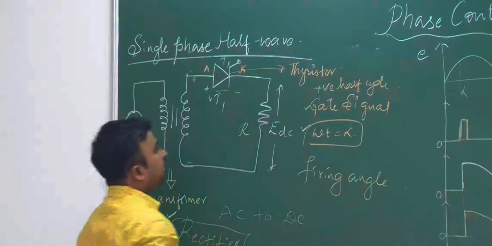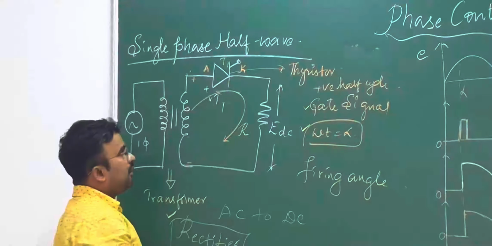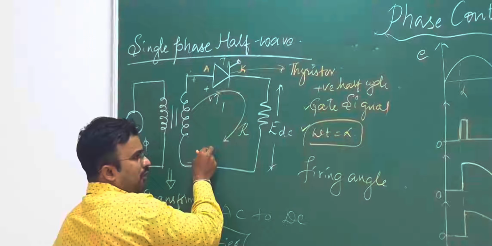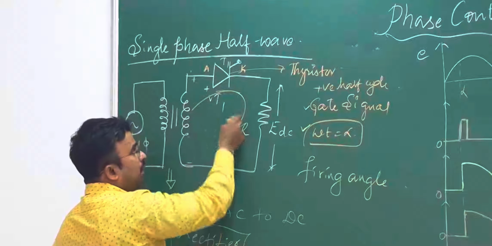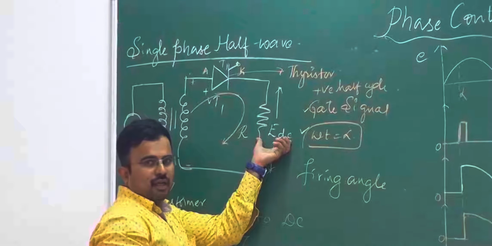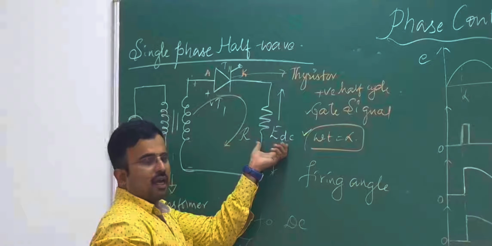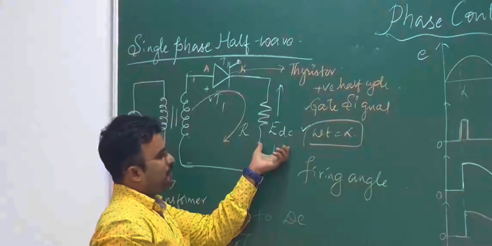During this instance, there will be flow of current through the device and through the load. Therefore, you can observe the output voltage, which is denoted by EDC. Since it is a resistive load, the output load voltage and current waveforms are the same.